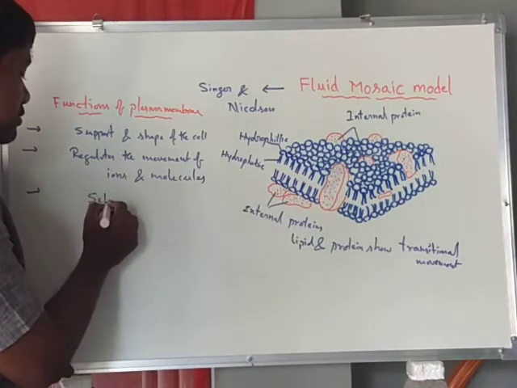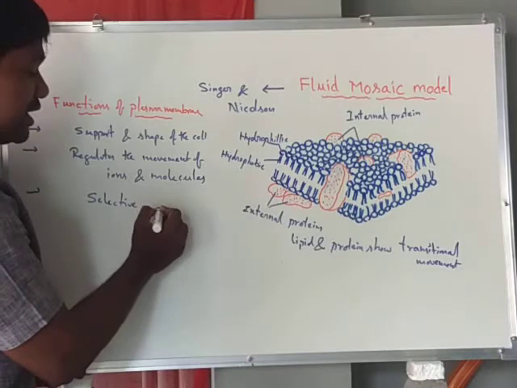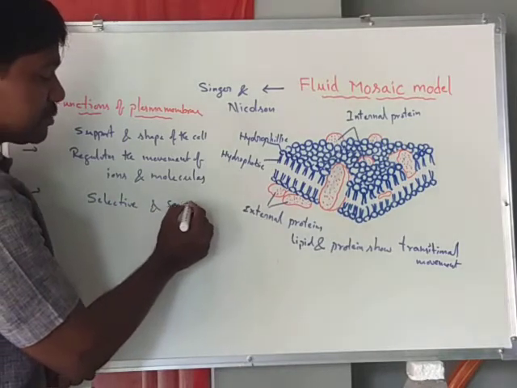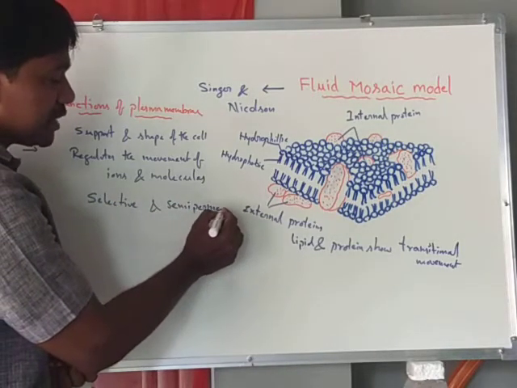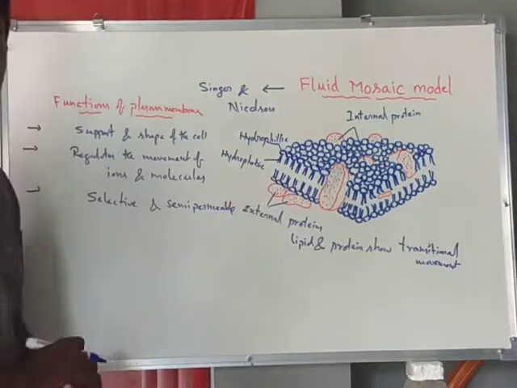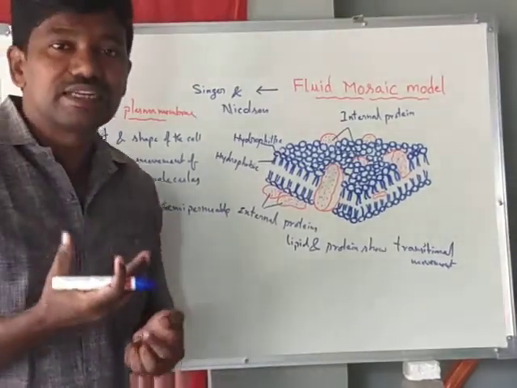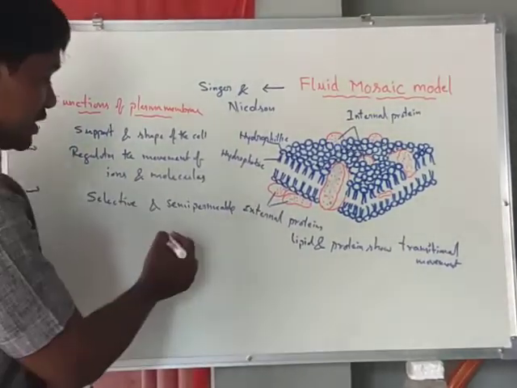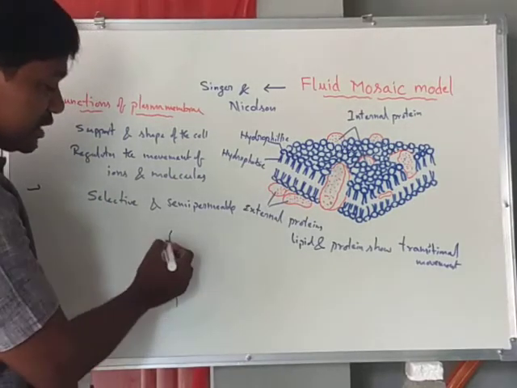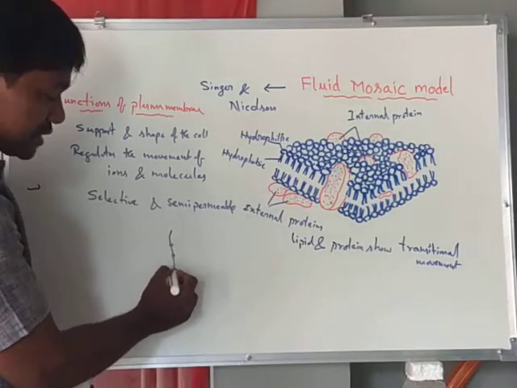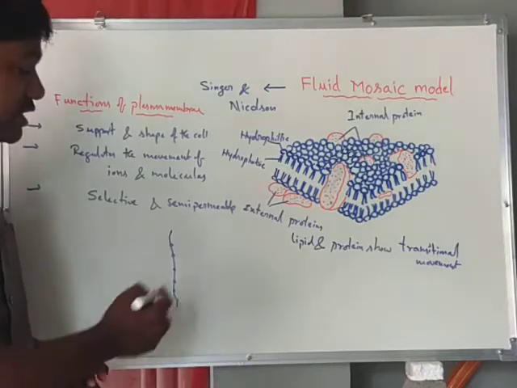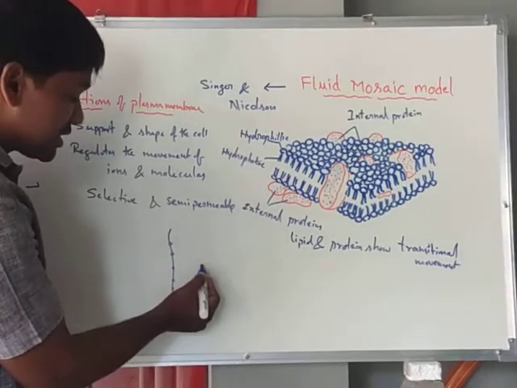What is a selective and semi-permeable membrane? This is the plasma membrane, and it contains small apertures. This is the outside of the cell and this is the inside.